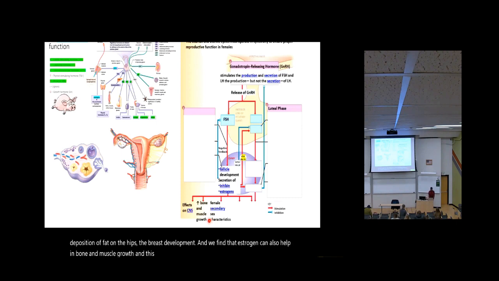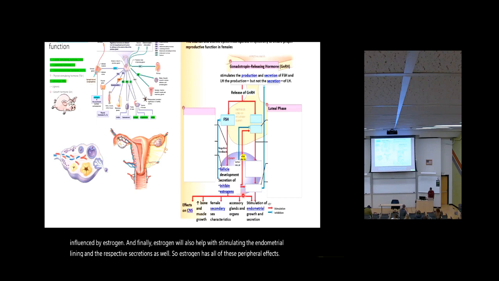And this is something you are all familiar with. We talked about osteoporosis risk increasing when there is a drop in estrogen levels. So estrogen is important for both bone and muscle growth. We also see that the accessory glands and the respective organ development can be influenced by estrogen. And finally, estrogen will also help with stimulating the endometrial lining and the respective secretions as well. So estrogen has all of these peripheral effects.